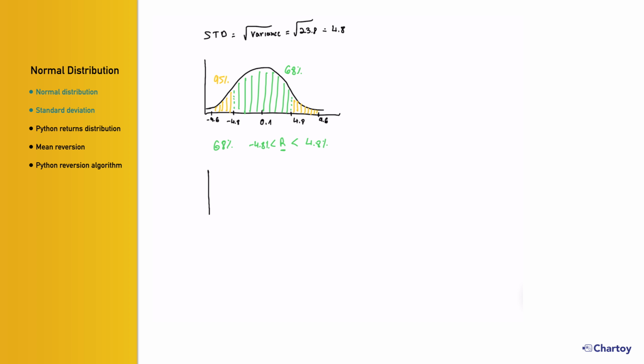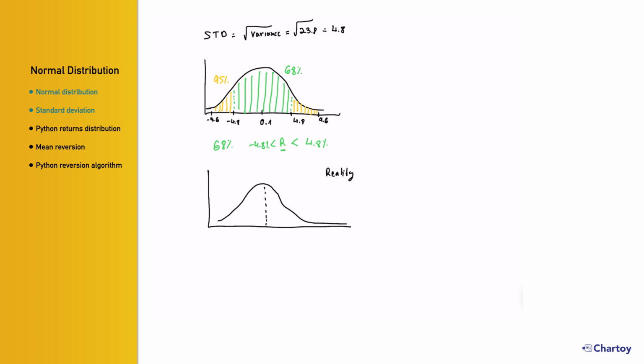In reality, though, our normal distribution curve is not going to look that perfect. Everything we have seen up until now was a mathematical representation. But in real life, for example in the stock returns distribution, or even if we measure height or IQ, as we said, we're going to get something like this.